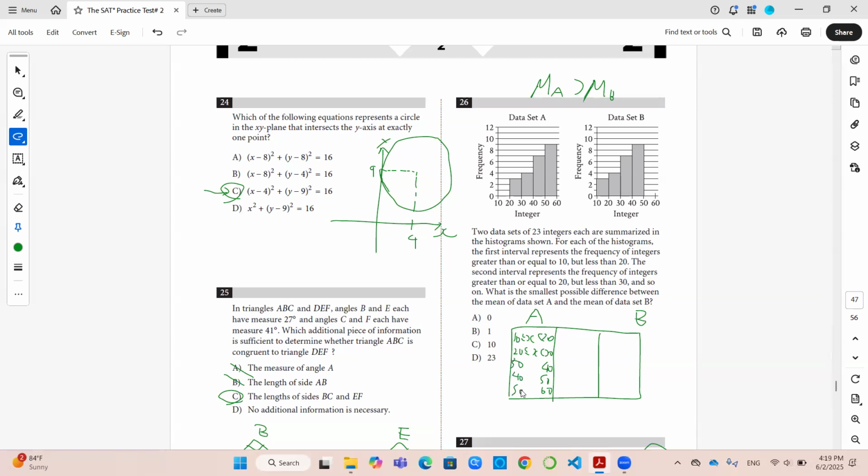Sorry for my bad handwriting. So for A, we have 0, 3, 4, 7, and 9. And for B, we have 3, 4, 7, 9.